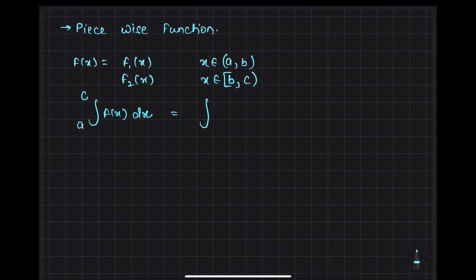In the first part you will try to find the area from a to b, using the definition f1(x) dx, plus the integration from b to c of f2(x) dx. Okay, so this idea you will be using.